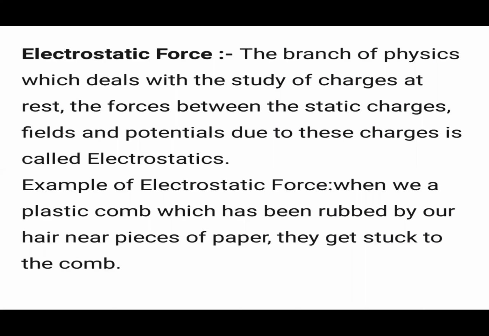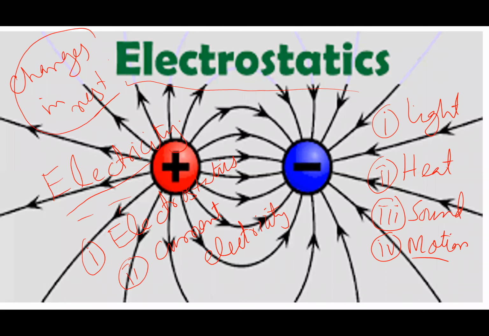So electricity is divided into two branches: electrostatics and current electricity. In electrostatics, we study charges in a state of rest. And in current electricity, we study charges in a state of motion.